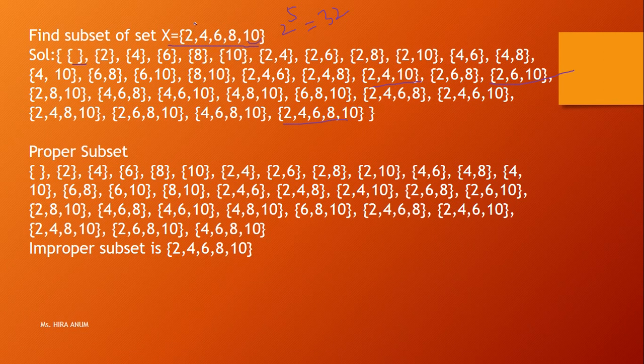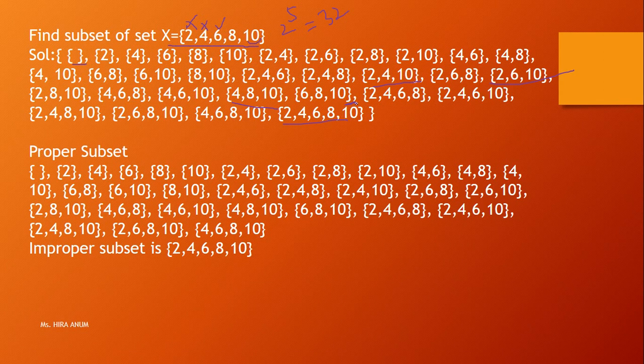Then, because we have to complete 3 elements, you can stop taking this number. You can take 4, 6, 8, 4, 6, 10, 4, 8, 10, like this. Then stop taking this number, start with 6: 6, 8, 10. Your counting will be closed.